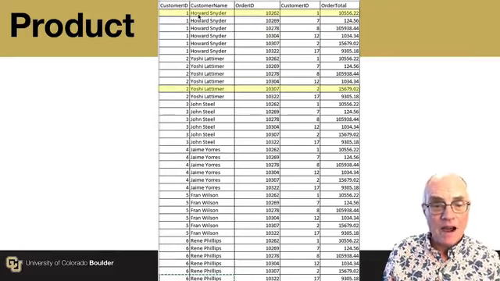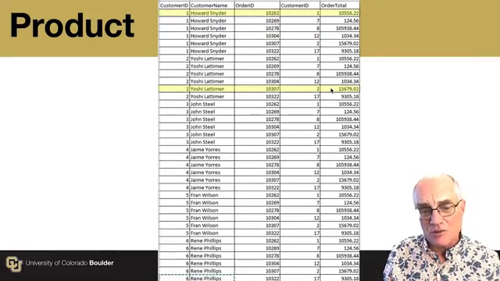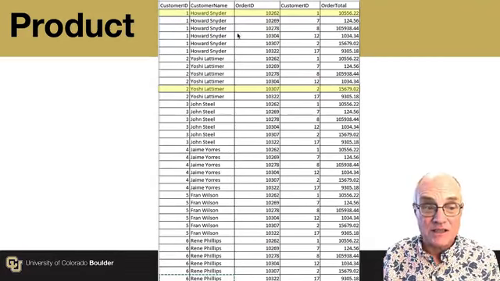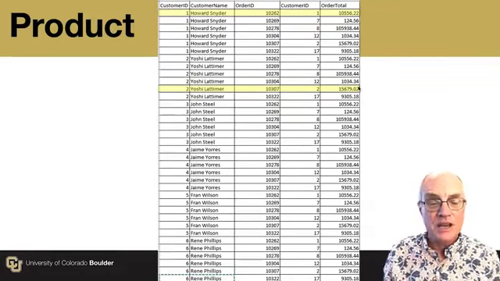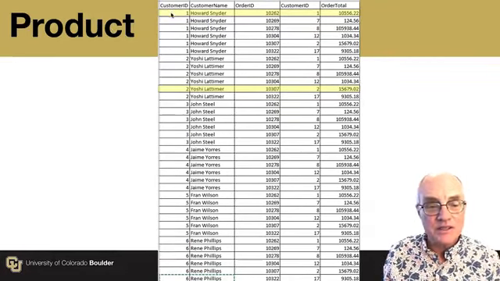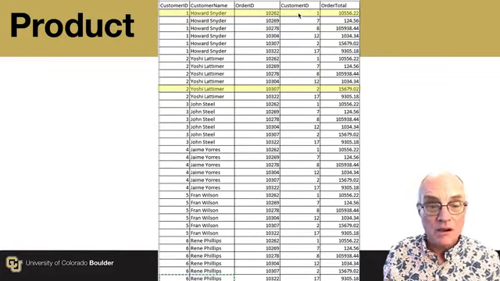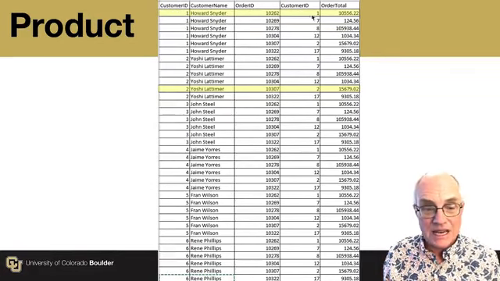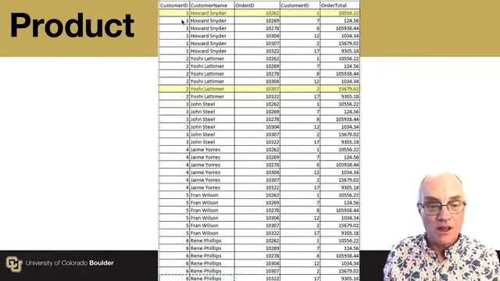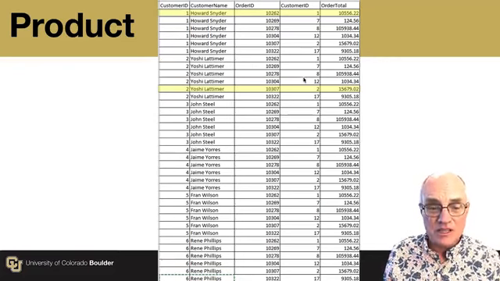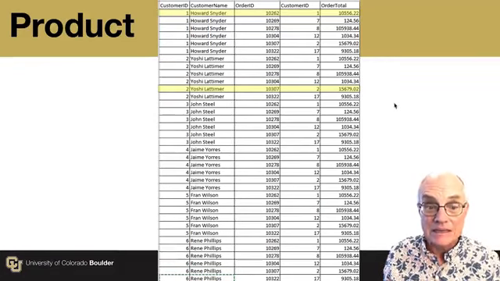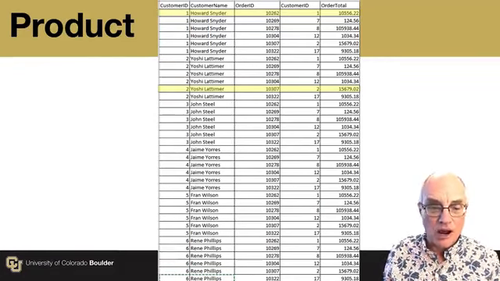Now, I've highlighted these two rows because these two rows in the answer set of my product operation show that this customer ID from the customer table is equal to the customer ID from the order table. So this data is more meaningful than the next few rows in the product where the customer ID here is not equal to the customer ID here. It's meaningless data. So what's the point of a product?